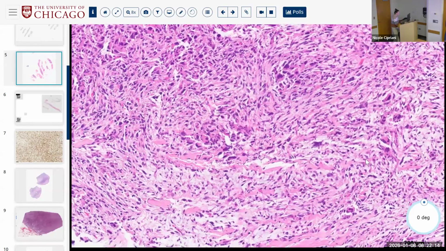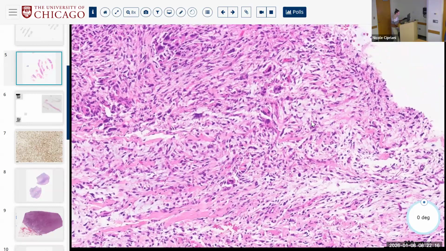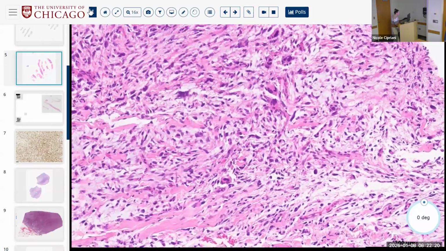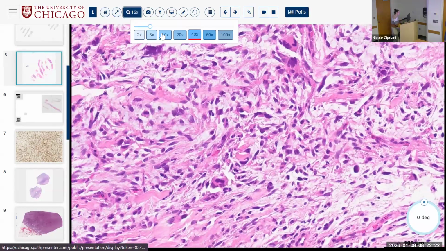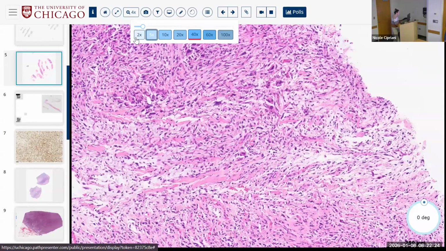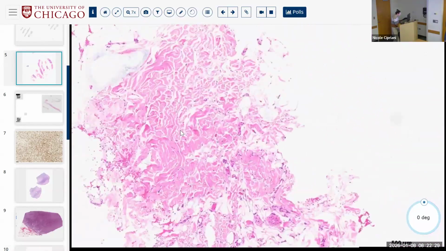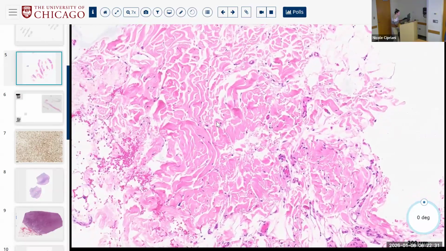It looks like it wants to be in fascicles in some areas. And then this looks like some muscle.